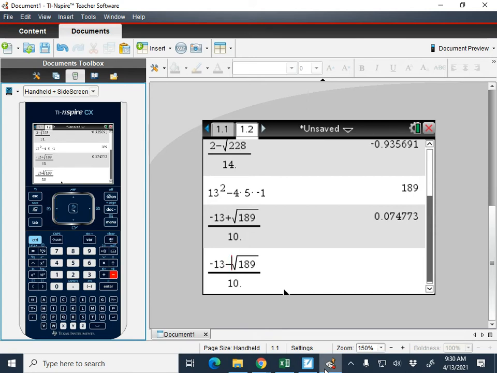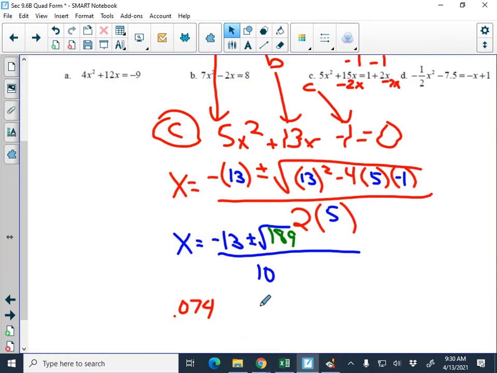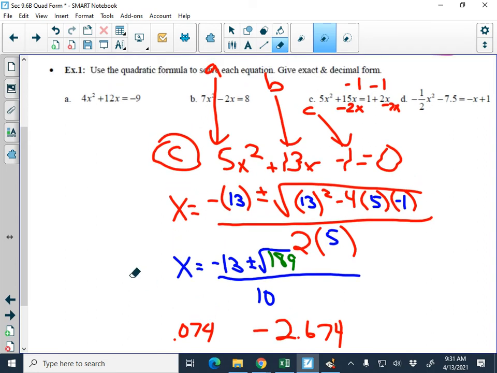Let's change the positive to a negative and get negative 2.674. Any questions?